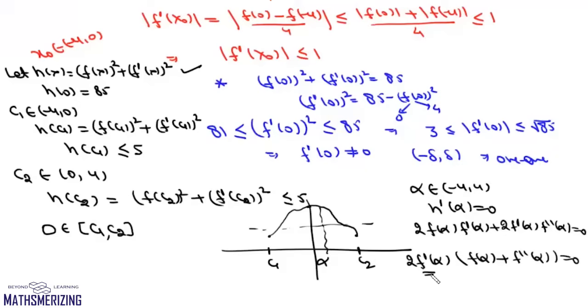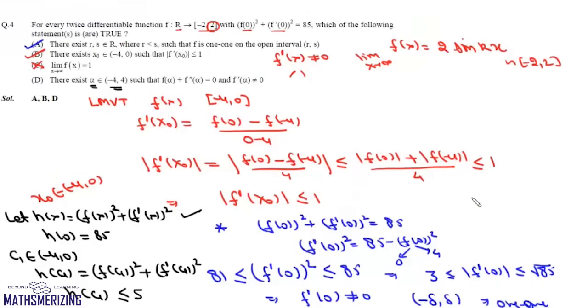Now if we take f dash alpha equals 0, then we'll end up getting a contradiction. So we'll discard this case. So we'll assume f dash alpha is unequal to 0. Then we'll have this condition that f alpha plus f double dash alpha should be 0 for some alpha lying between minus 4 to plus 4, and that's your option D. So the correct options are A, B and D.